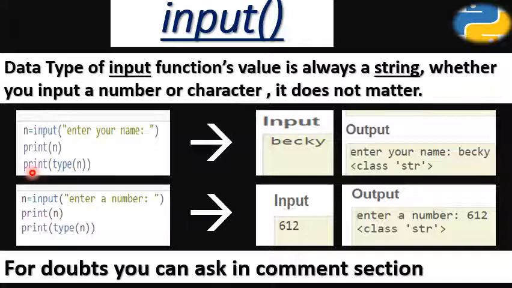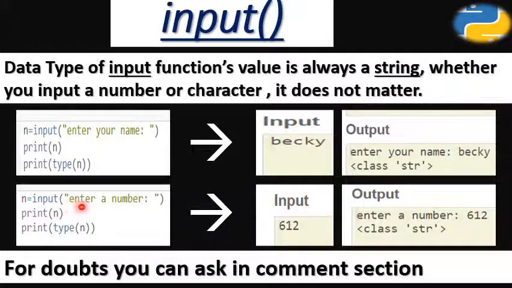That means I'm going to print the data type of the value assigned to the variable n. Since I have given input as Becky, which is a collection of characters, which is a string, for my third statement it will print class str, which shows that the value of my variable is a string.